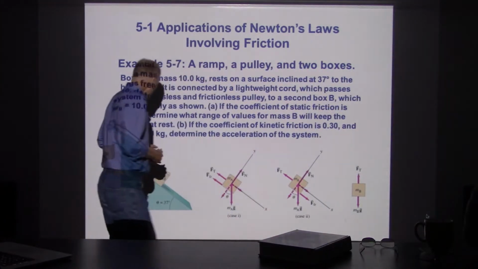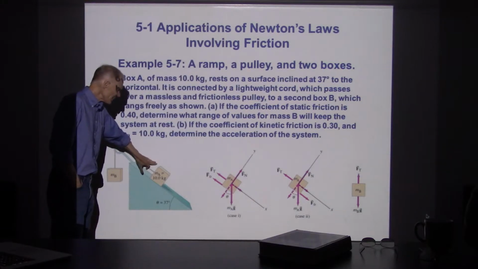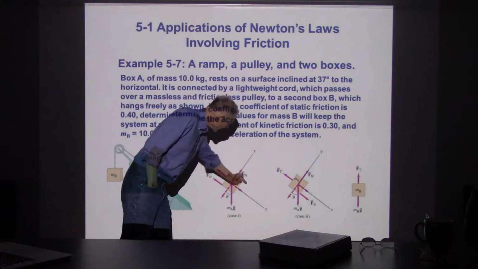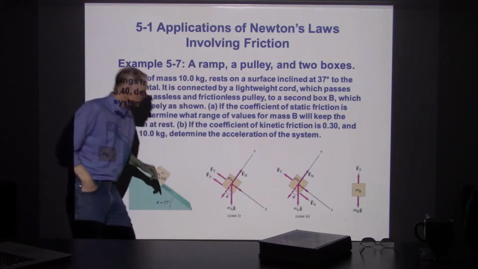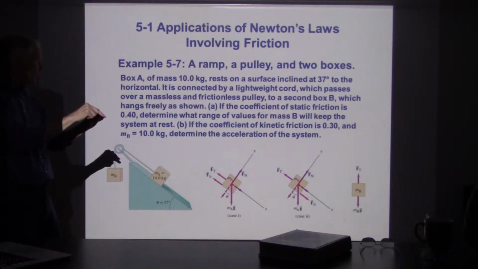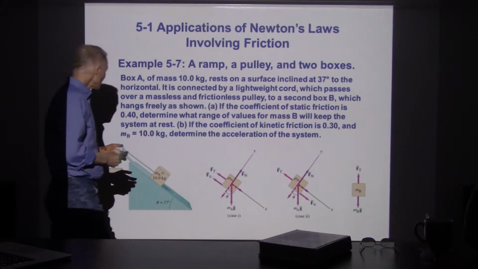So now if we look at the block that's on the incline, we're going to have a gravitational force component. The mg sine theta is going to be downwards along the incline.